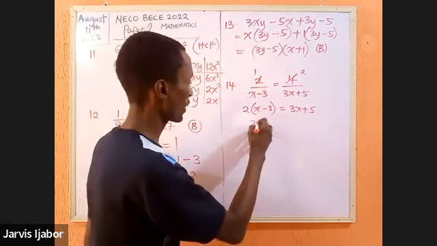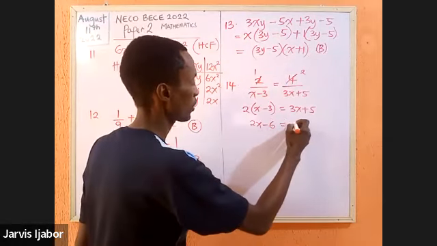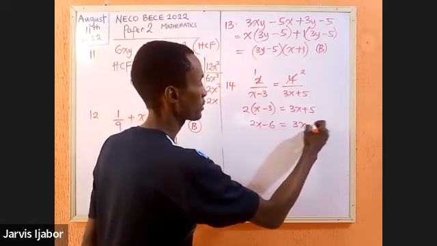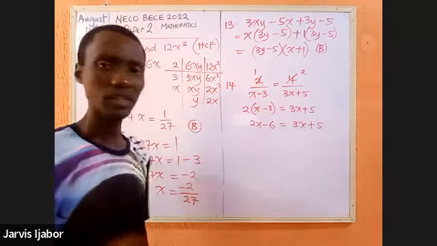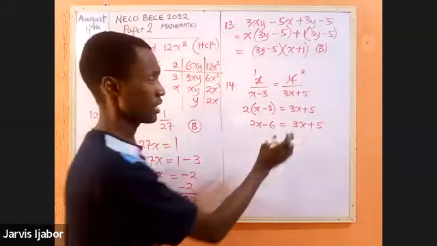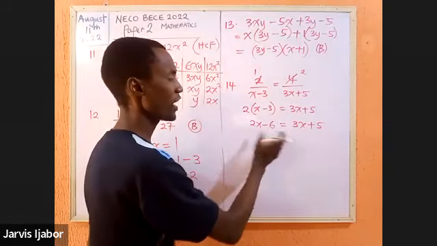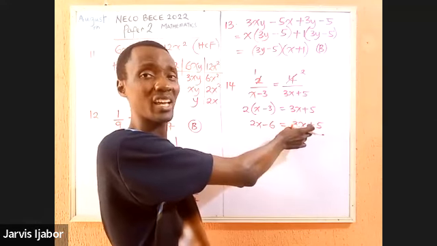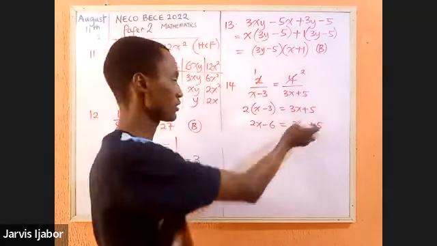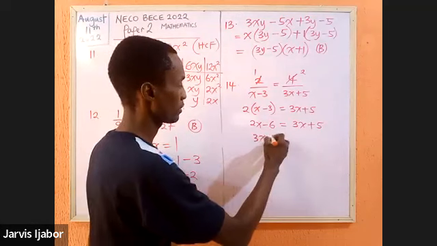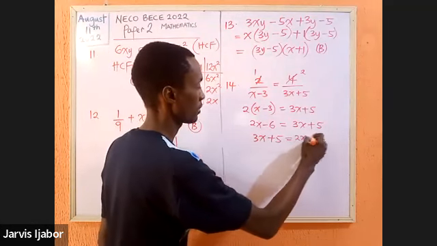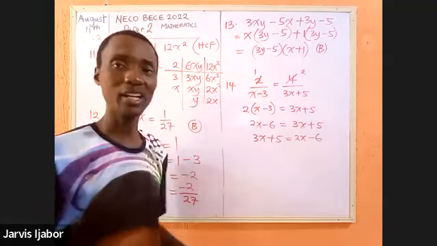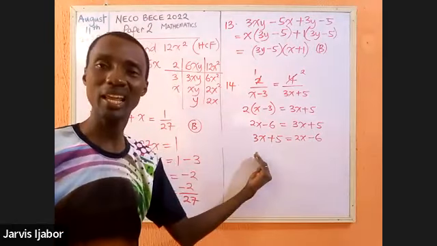So I'm going to have 2x minus 6 equal to 3x plus 5. The next thing I look at is, where do I have the bigger value of x? It is this, because I want to ensure that the coefficient of x in my final answer is positive. So I will rewrite this, remembering that technically we always keep the unknown on the left-hand side.